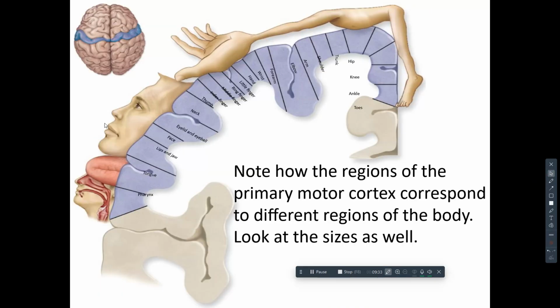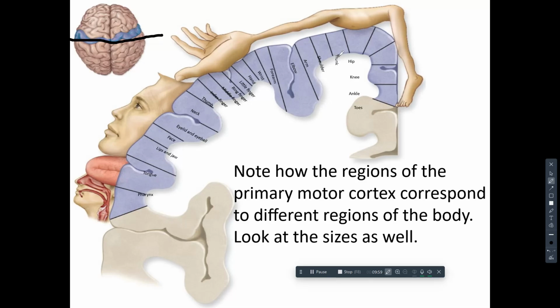Now this is a superior view of the brain right here. The precentral gyrus has been colored in blue, and we know the precentral gyrus functionally is the primary motor cortex. Now what they're doing is they're slicing the brain right along that line right there, and then they're turning it so you can see this precentral gyrus.